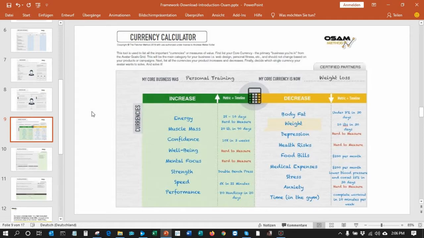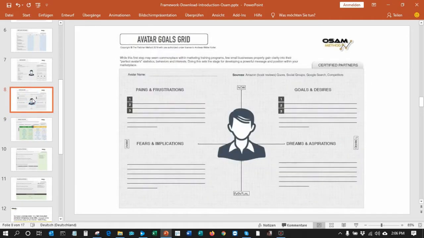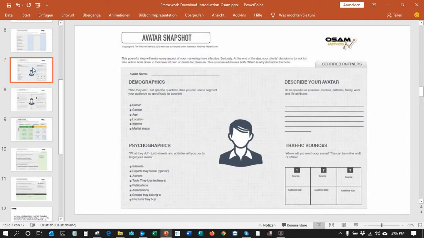Today is currency calculator framework time. I hope you were successful with the previous frameworks. The last time we looked at the avatar goals grid, before we identified your best possible customer, the one that we will target in our first campaign.